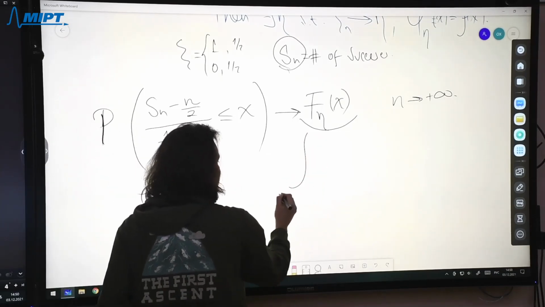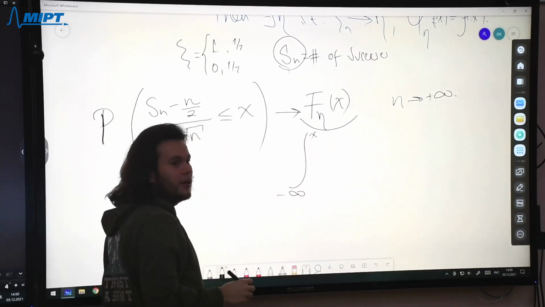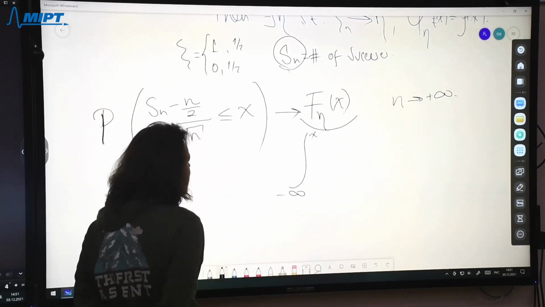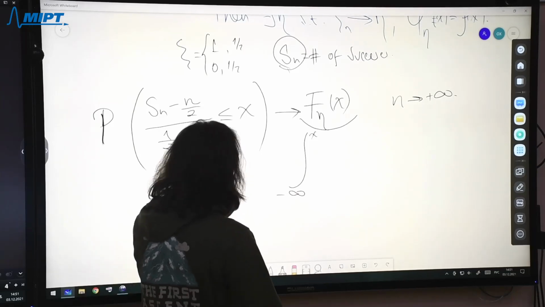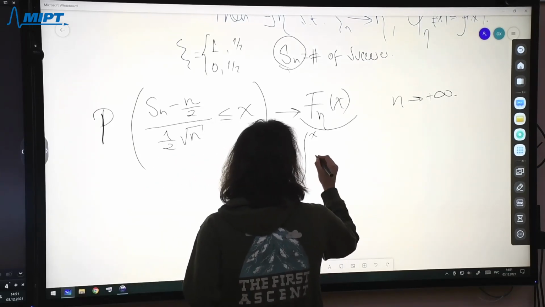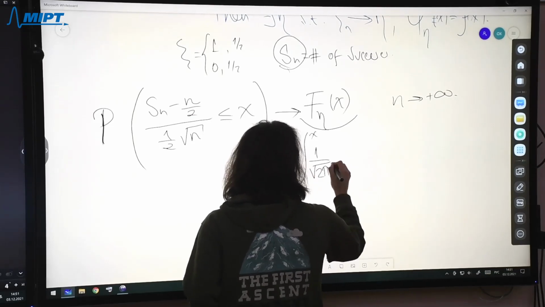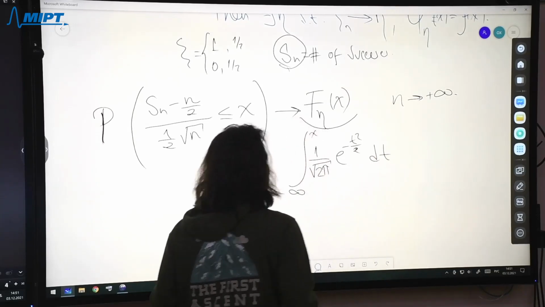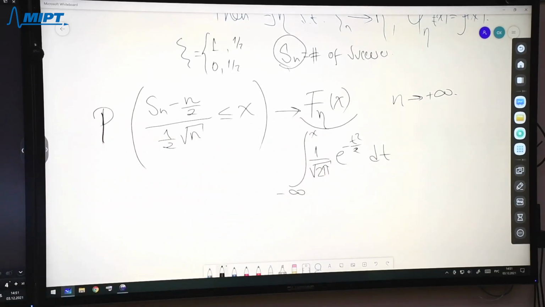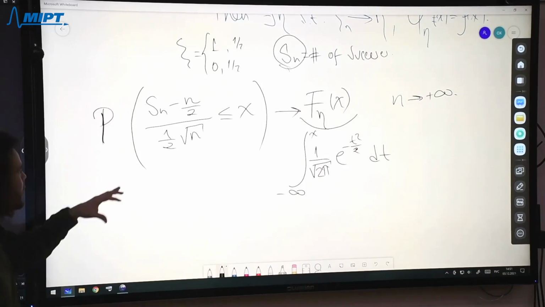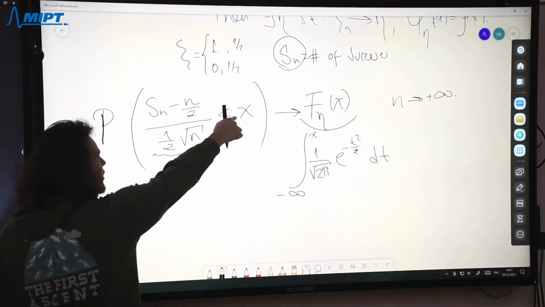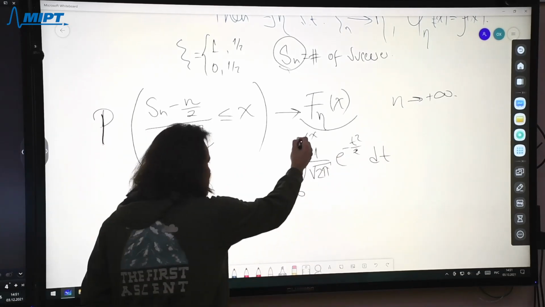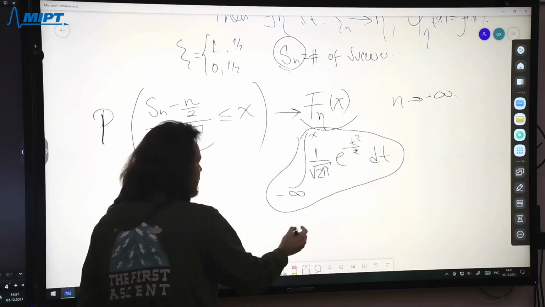So this is the integral from minus infinity to x of, well, this, right? 1 over the square root of 2 pi e to the minus t squared over 2 dt, right? So, if we want to find the probability that this number is less or equal than x, all that we have to do is to find this. And this integral is denoted like this.